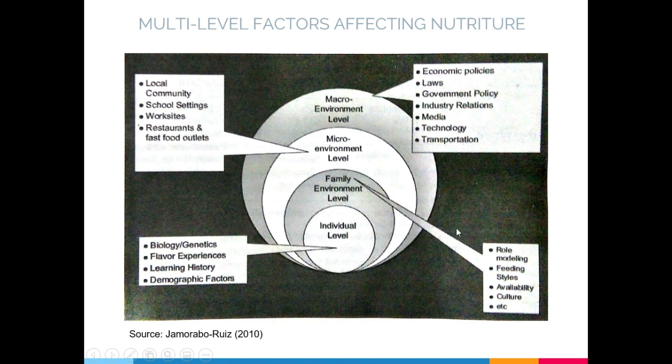In the family environmental level, we have role modeling, feeding styles, availability culture. So kaning mga factors nga naa sa atong family. Okay? Very important ang role modeling, guys. Mao nang ang parents dako kayo ang role niya sa nutrition. Role modeling, okay? So kung unsay ginakaon sa parents, usually mao yun ang kaunon sa bata.